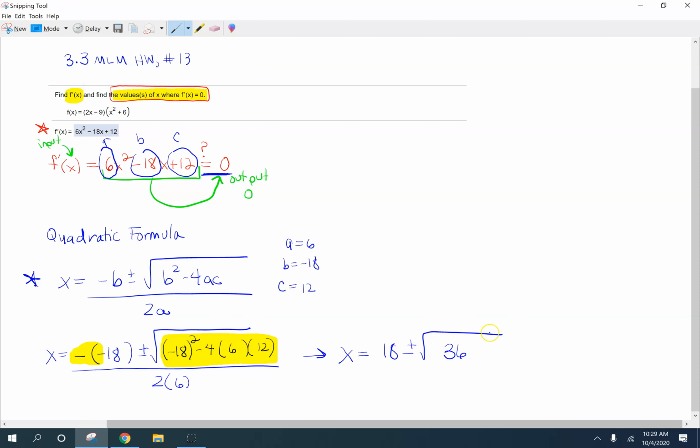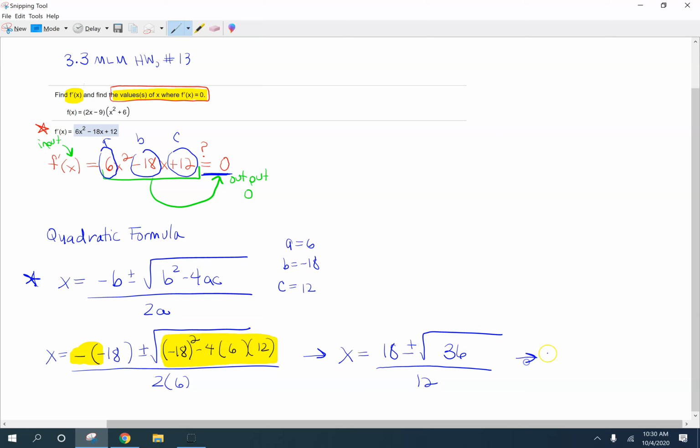So the principal square root of 36 is going to be 6. Since we're getting a nice whole number value when we're taking the square root, that means I could have factored the original expression from the beginning. We'll see that in a minute, but here we go. All that is over 2 times 6, so 12.